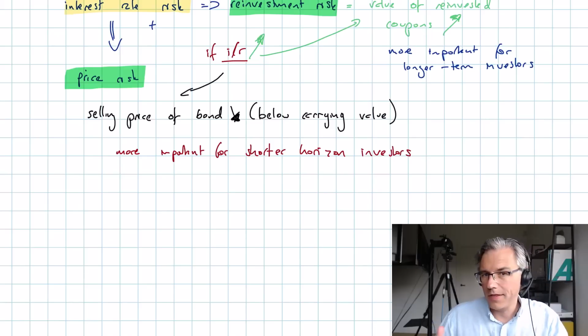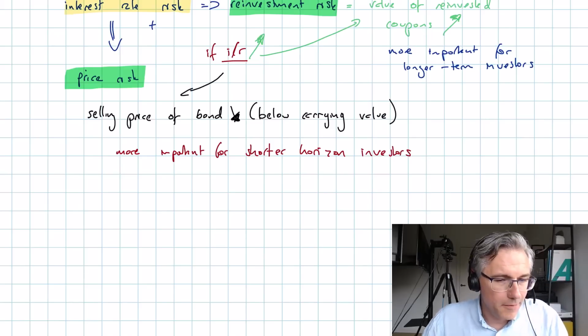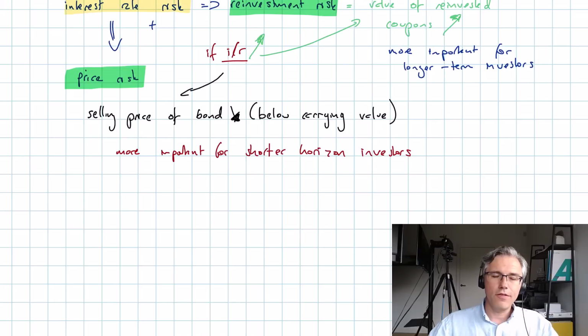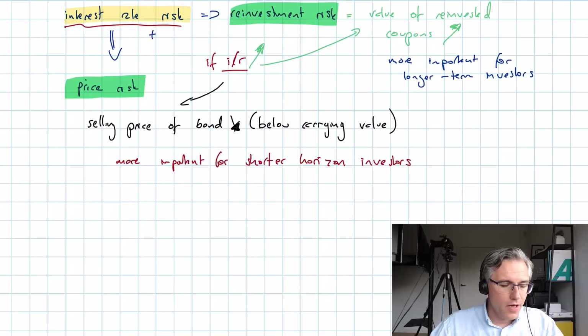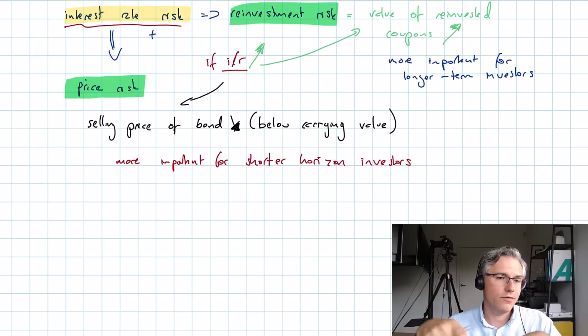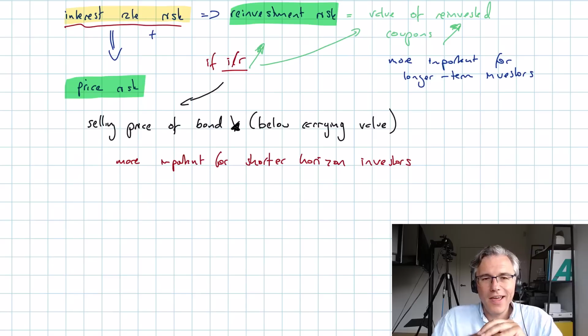And of course, the same instrument may give exposure to different dimensions of interest rate risk. What investors feel really varies with their investment horizon. Some feel more exposure to one type of risk, the others feel more exposure to the other type of risk, and it really does depend on horizon, as I said.